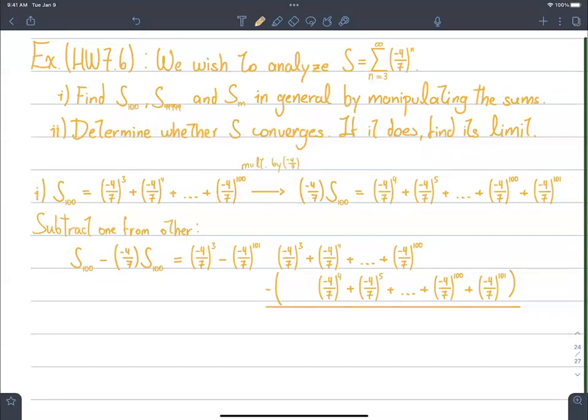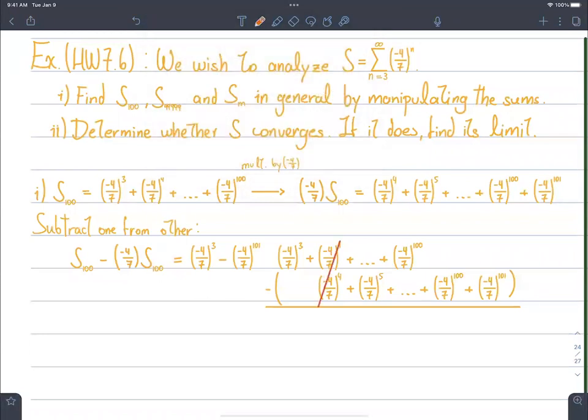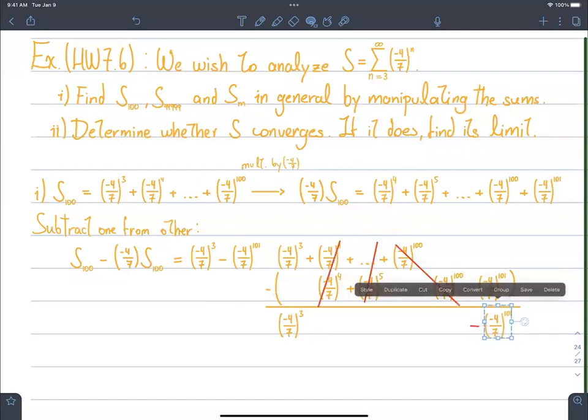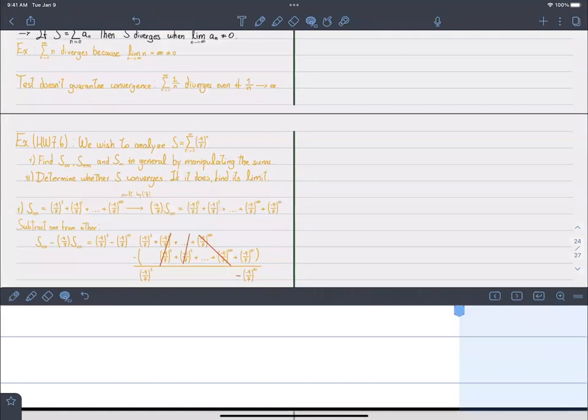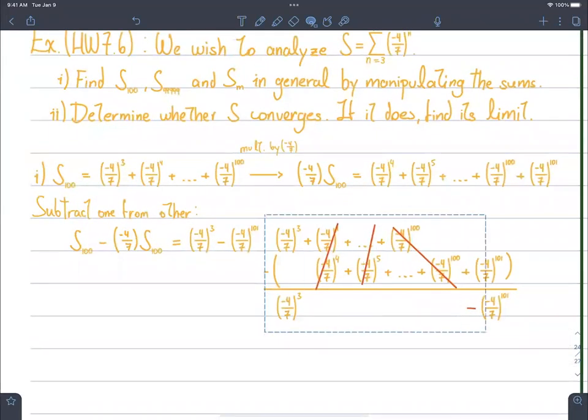And so we have these which cancel each other out, and we're left with just this one minus this one. Okay, and so that's that.